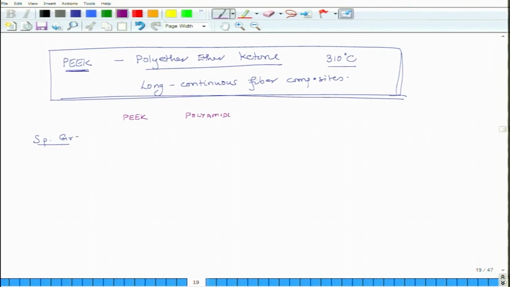So, remember, polyimide and polyamide, they are different things. Polyimide is a thermoset material, polyamide, AMIDE, is a thermoplastic. Then you have PPS, polyphenylene sulfide, polypropylene and ABS.